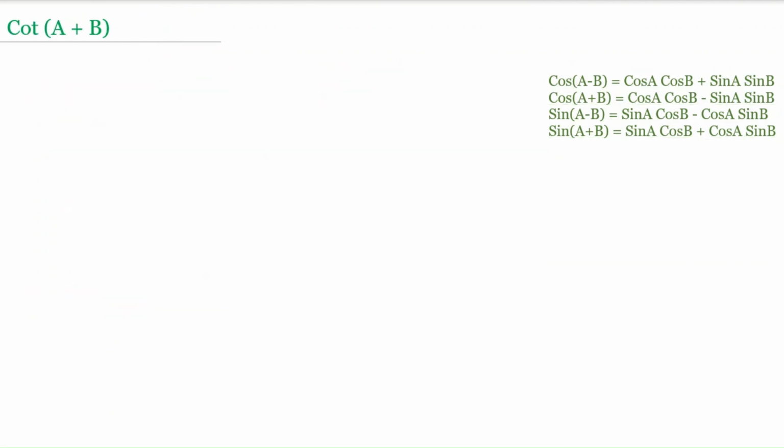Next is cot A plus B. Cot is cos upon sin. So just substitute the values for cos and sin here.